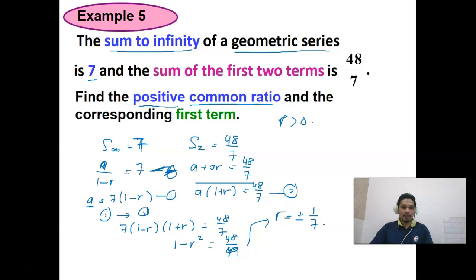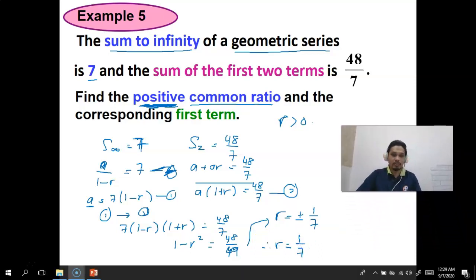Okay, so we have two values of R, but we wanted the positive common ratio. So we are only looking for the value of R, which is 1 over 7. And then what's next?